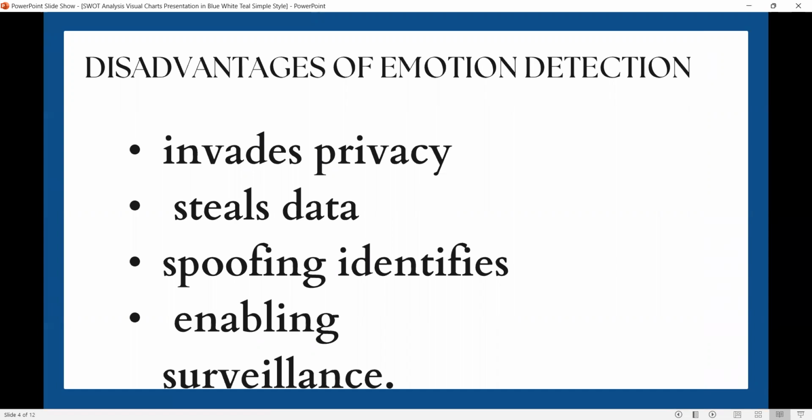Nowadays cyber criminals use various types of attacks, so stealing data is possible. It directly reduces our privacy, and spoofing, identification, as well as surveillance are also there.